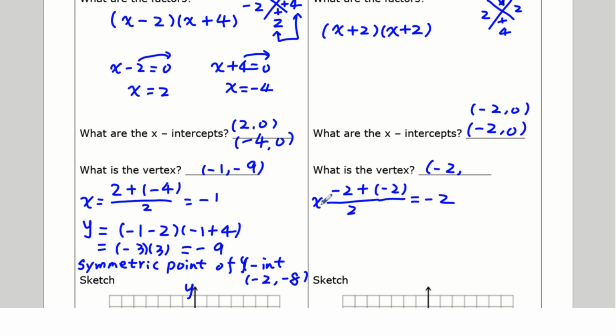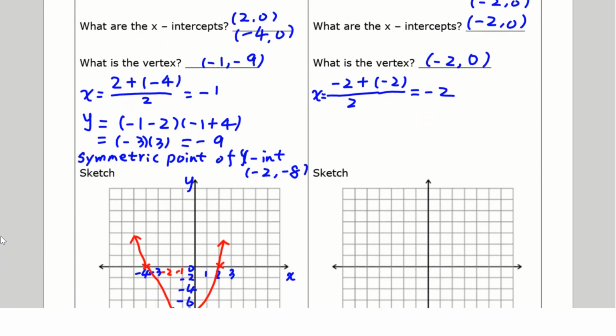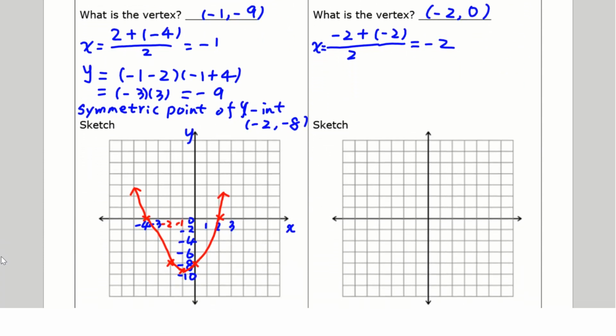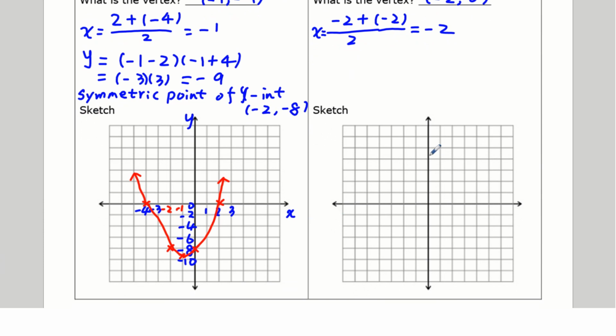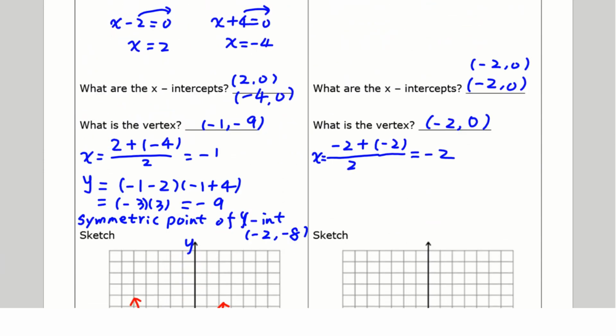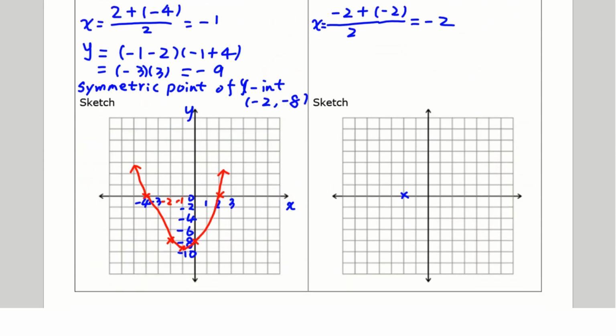Then we sub in, and it will give you y equals 0. So this time the x-intercept and the vertex are the same. So the x-intercept will be (-2, 0). And for the y-intercept, it is 4.